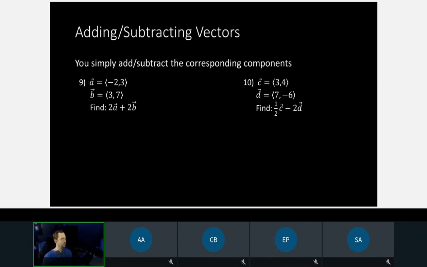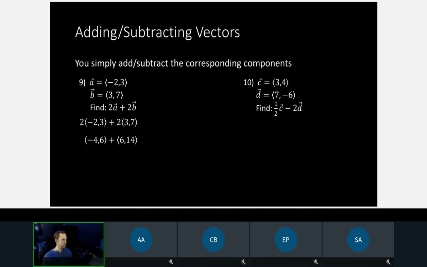Let's take a look at the first one here. All right, so we're going to first set this up, and I usually skip writing the 2 in front. I usually just do the 2 times the vectors, but I did actually show the full setup in this case. And then from here, we do 2 times that first vector, and 2 times the second vector.